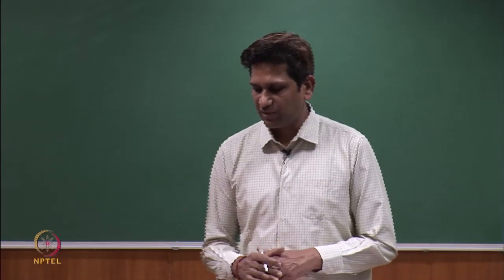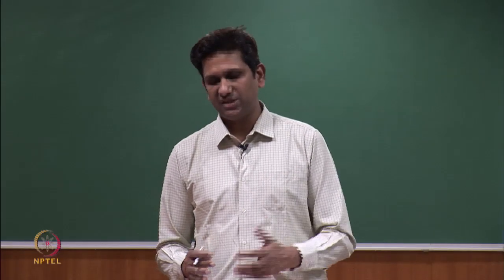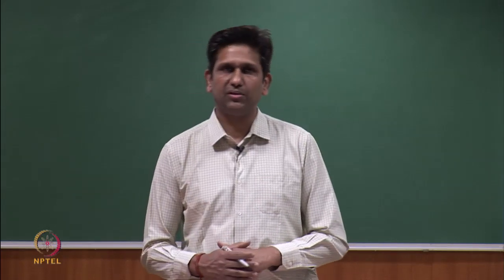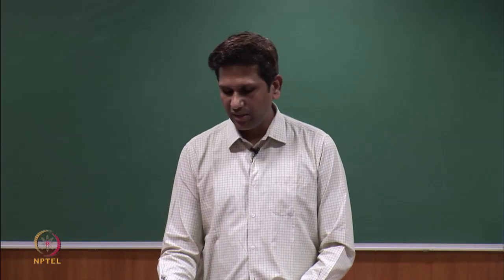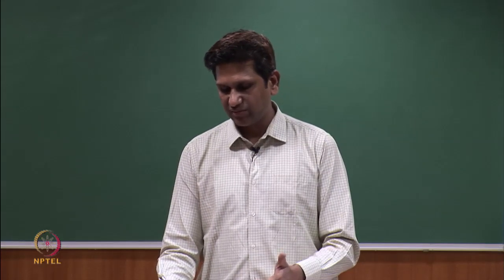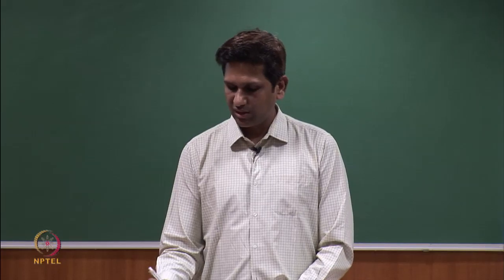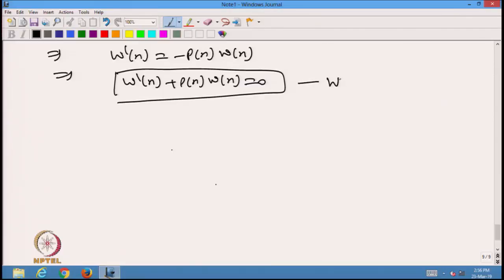This is always true: whenever we put the Wronskian in the differential equation, we come up with the first order linear differential equation satisfied by the Wronskian. So, this equation I call the Wronskian's equation.